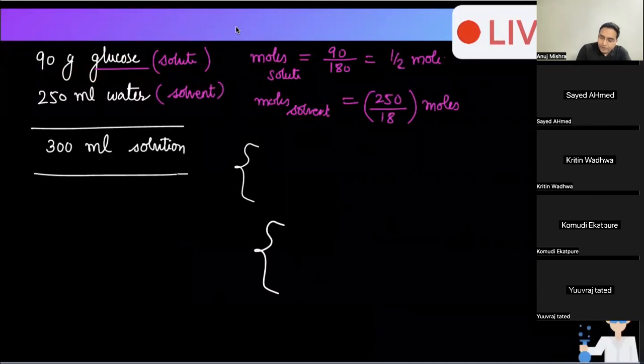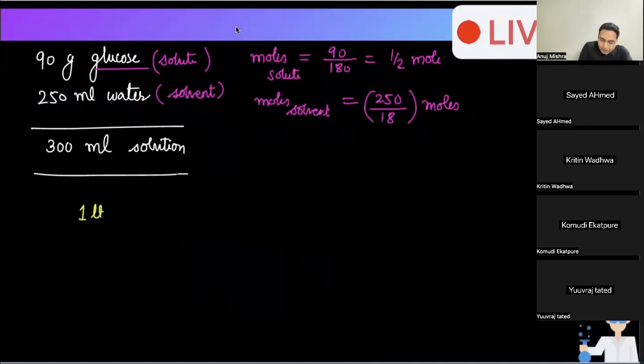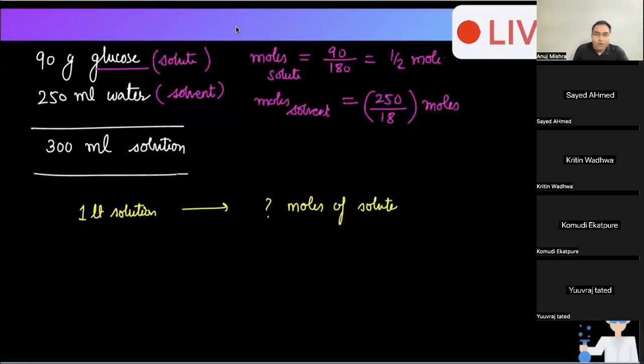Right. So we can write it. Definition of molarity is written as: 1 liter of solution consists of how many moles of solute? That is the definition. What is our situation right now? In the current question, 1 liter, or we can say 1000 ml, is the same thing exactly, right?